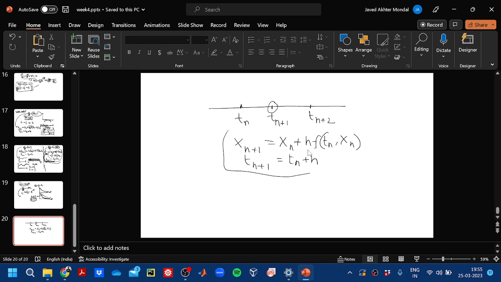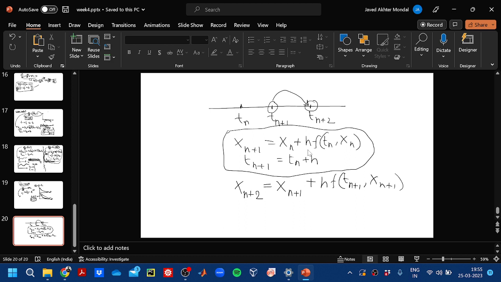After evaluating at this point, we have to evaluate at the next point. So when we want to evaluate at this point, we have to write down this equation: x n plus 2 equals x n plus 1 plus h f of t n plus 1, x n plus 1.